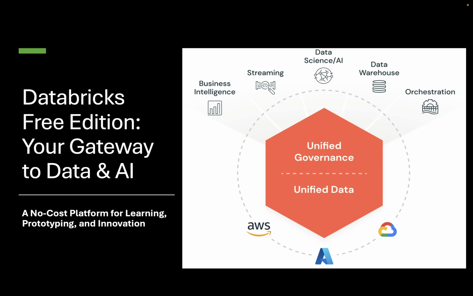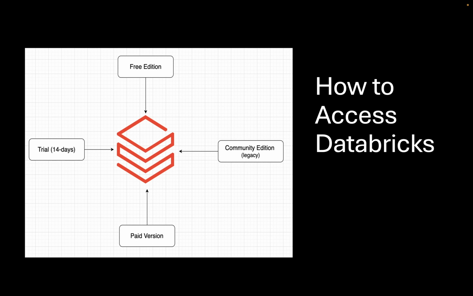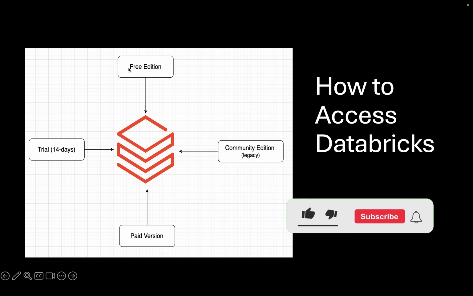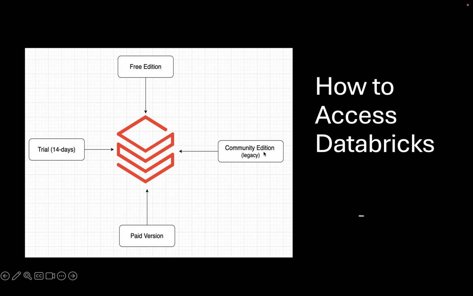All right, so before we go into the features, these are some of the ways that you can access the Databricks platform. If you are new to Databricks, the first one here, which actually was the previous one, is the Community Edition. This is the legacy way.